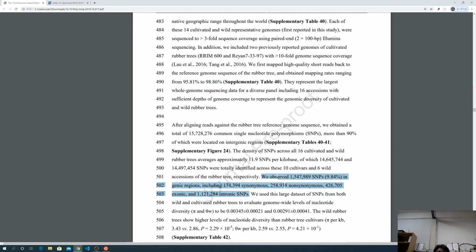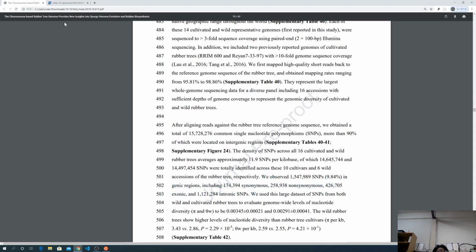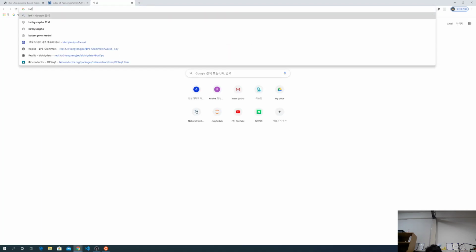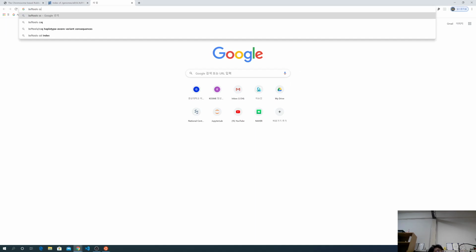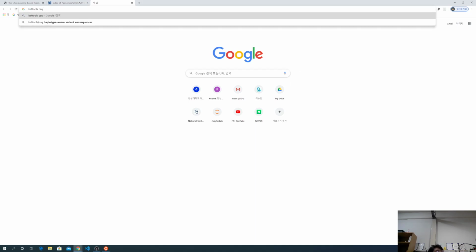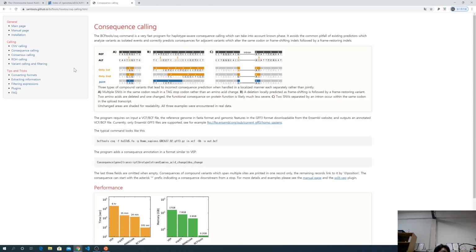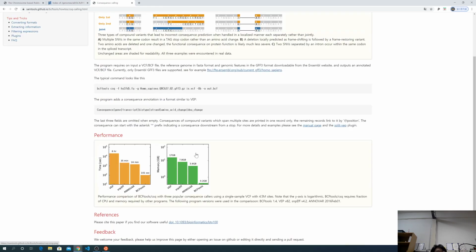So actually, when I was a student, this was really hard. But recently, my students found that BCFtools now has a consequence calling command. They made this consequence calling, so this is really good.